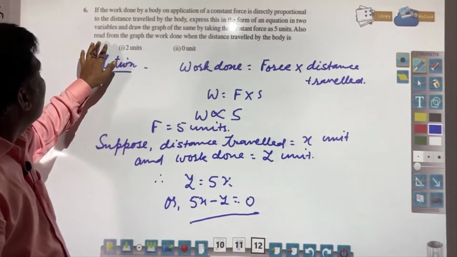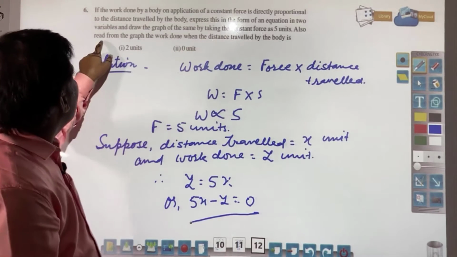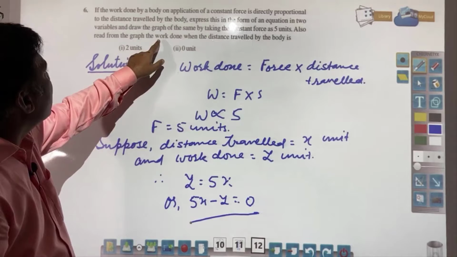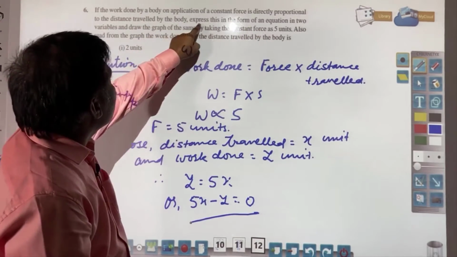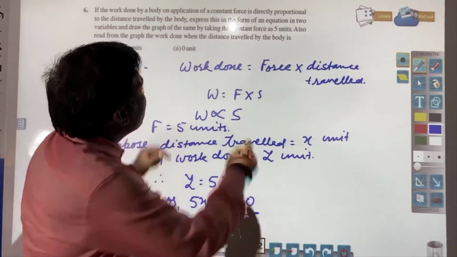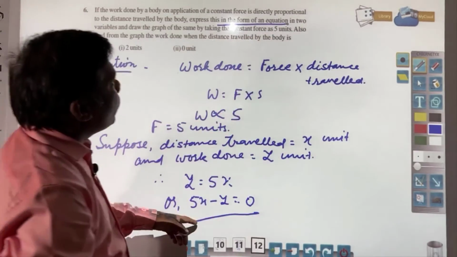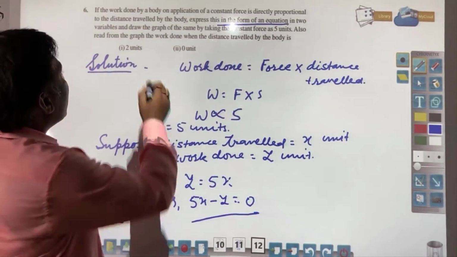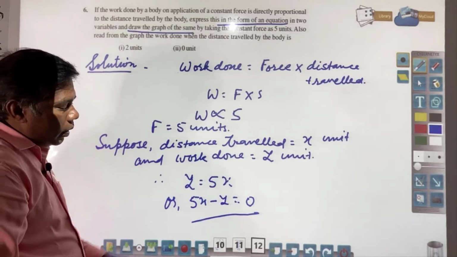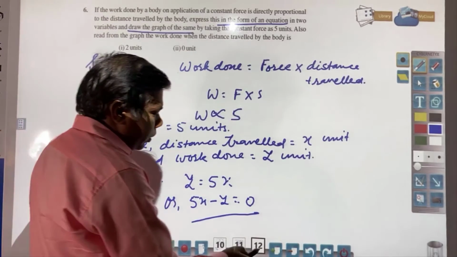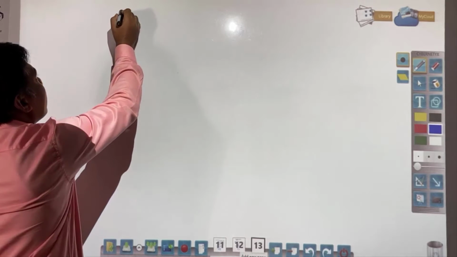Now what we need to do: express this in the form of an equation. So this has been formed. Equation we have got in two variables, and draw the graph of the same. Graph is required to be plotted. Here you see 5x minus y is equal to 0, and graph is required to be plotted.